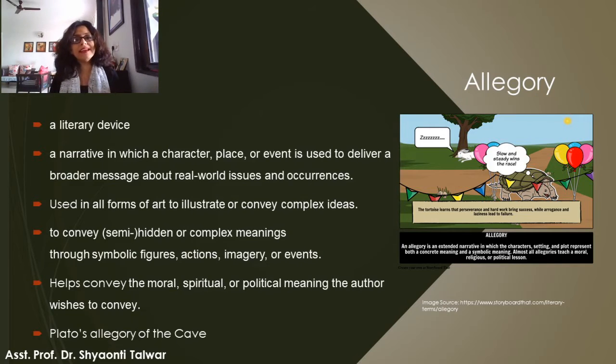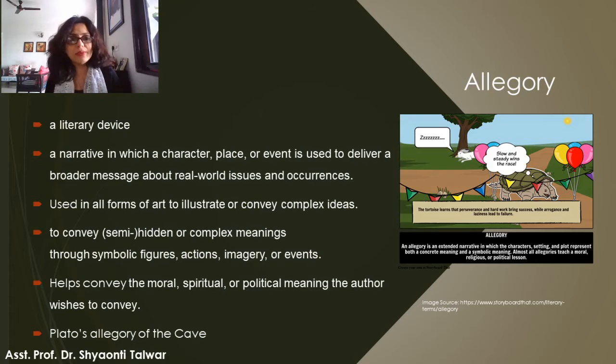An allegory always uses a very simple plot structure or very simple characters or a very simple narrative to talk about something which is quite profound, which is very complex, and which perhaps is of some political, social, or cultural relevance.